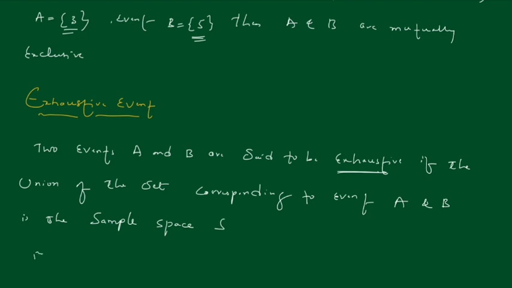That is nothing but if A union B equals to what? The sample space, which is nothing but our exhaustive event.